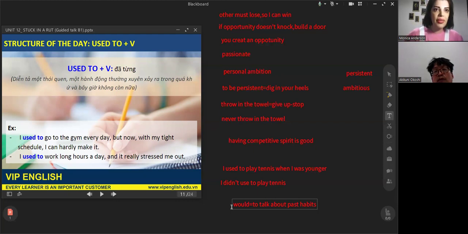The first and the most important difference, when we say would, we give a specific time. I would play tennis every Saturday in the past when I was younger. So every Saturday I give a specific time, but when I say I used to play tennis when I was younger, just when I was younger, what time? No matter.